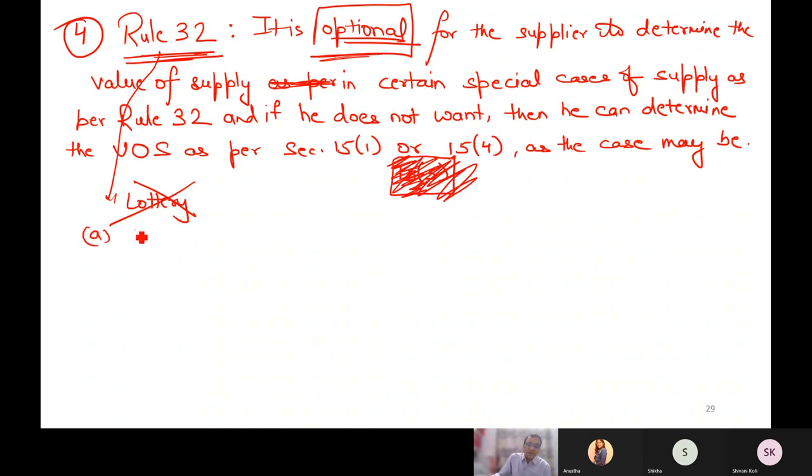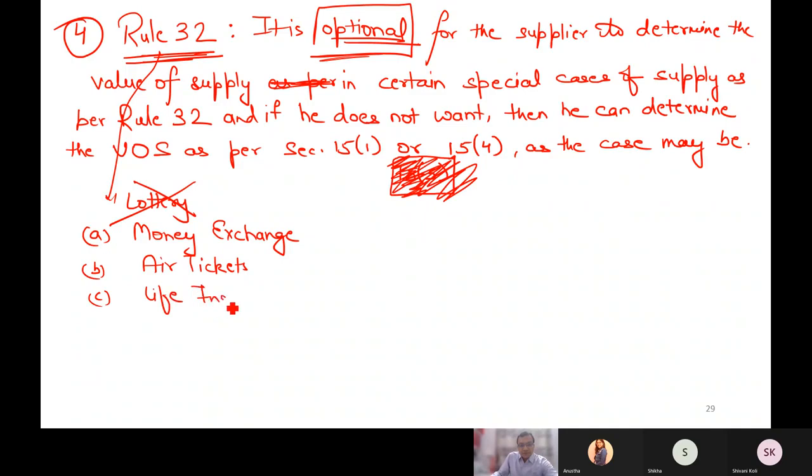So first supply is money exchange business. Second supply is booking of air tickets. Third supply is life insurance business.